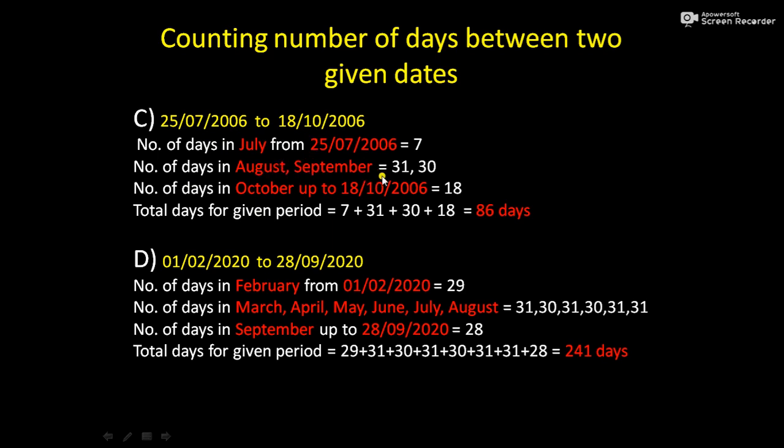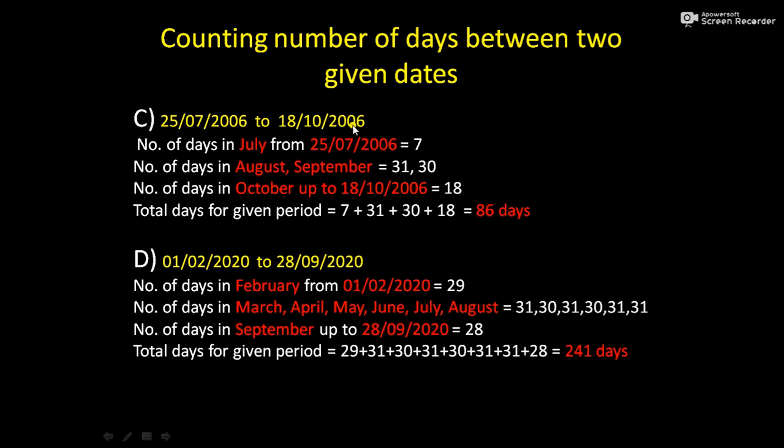In August we have 31 days, and in September we have 30 days. Then coming to October, the number of days up to 18th October is 18. So total days for the given period equals 7 plus 31 plus 30 plus 18, which equals 86 days. So we get 86 days from 25th July 2006 to 18th October 2006.